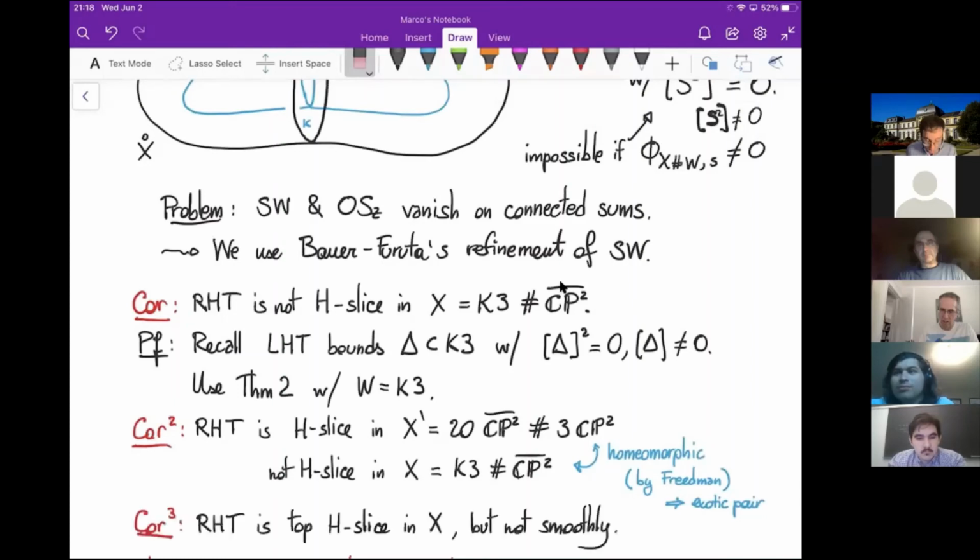And finally, a corollary of the corollary of the corollary is that the right-handed trefoil is a topologically H-slice knot in X, but it is not smoothly so.